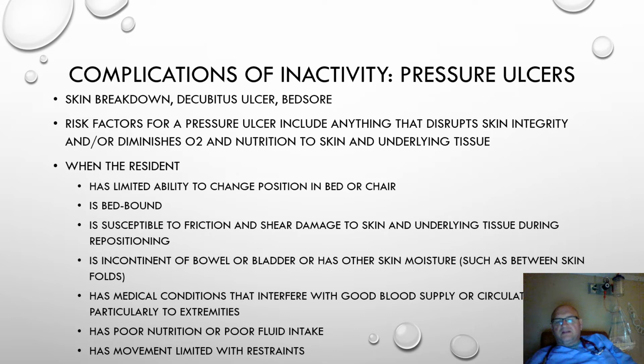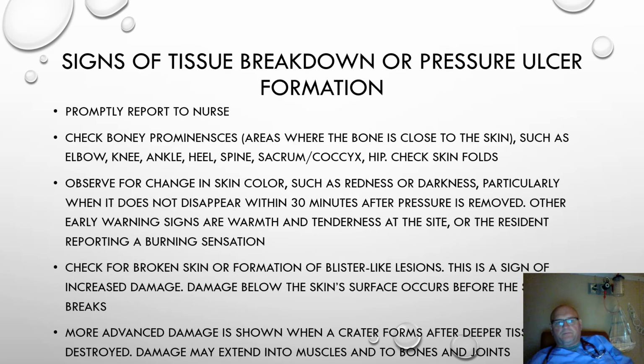If they have medical conditions that interfere with good blood supply or circulation, particularly to the extremities, if they have poor nutrition or poor fluid intake, and if they have movement limited with restraints. And restraints is a whole other subject. We have to do special checks with them and check on them more frequently and document a lot more.